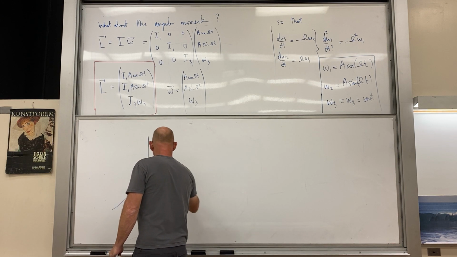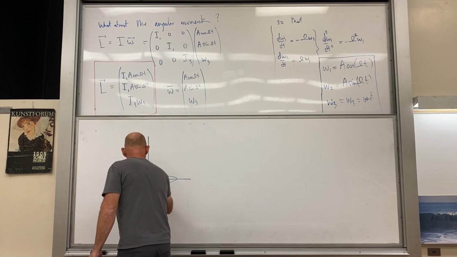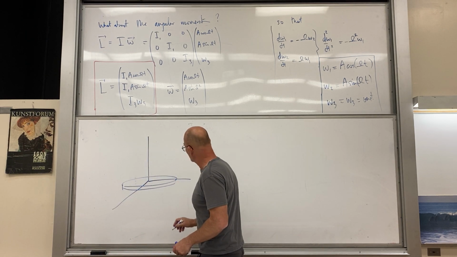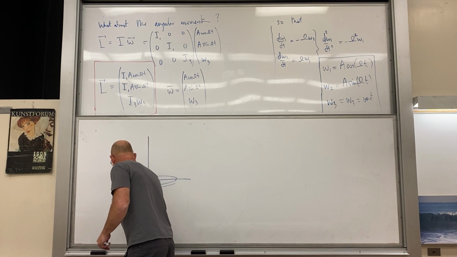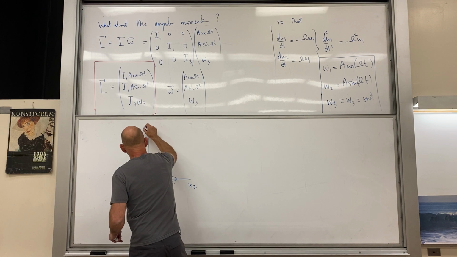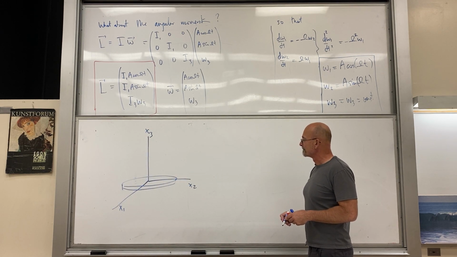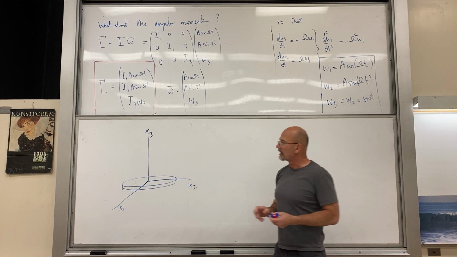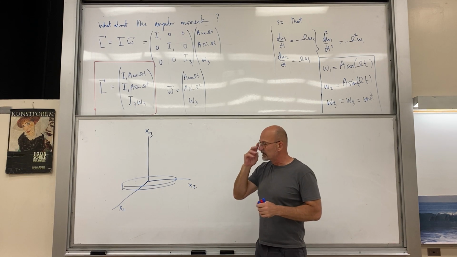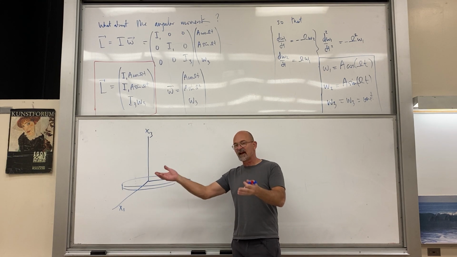Okay, so we have that disk shaped object right here. These are the x1, x2, and x3 axes. And I'll remind you, I showed you a rotating disc the other day, and it was a free top. It was a little different because it wasn't a single one, it was counterbalanced.